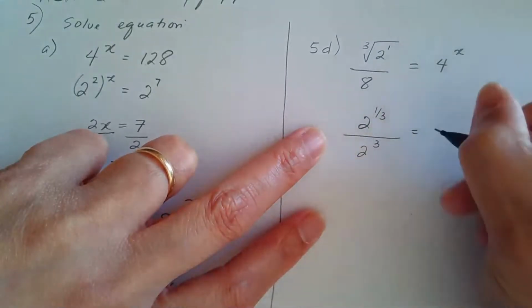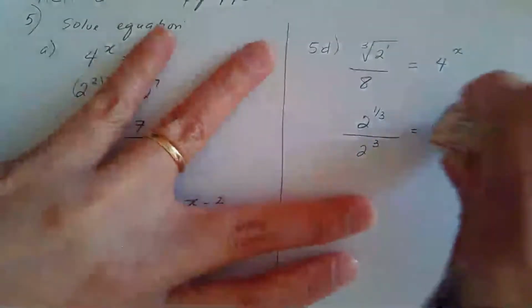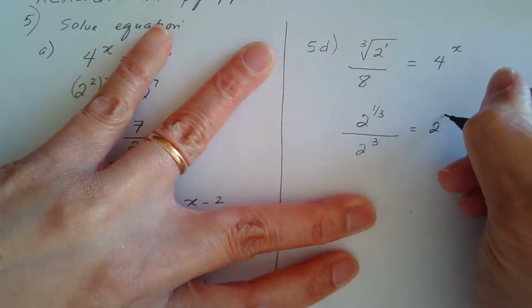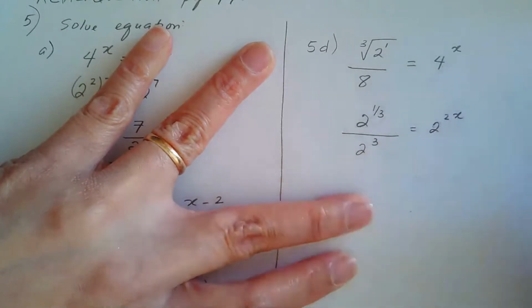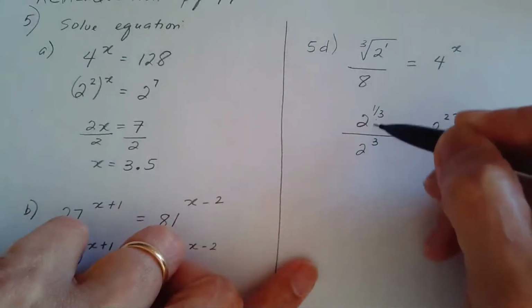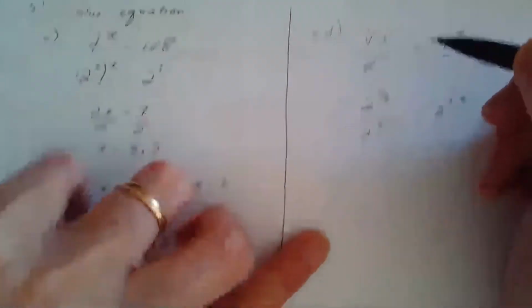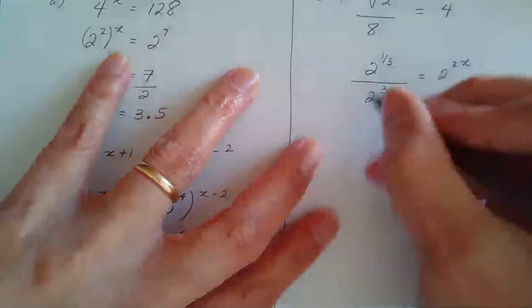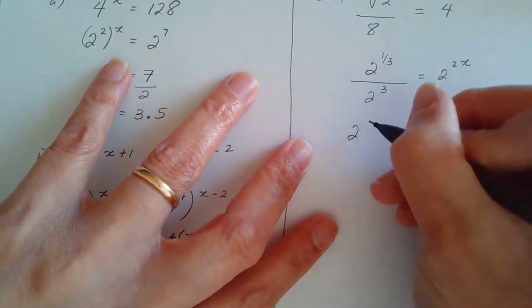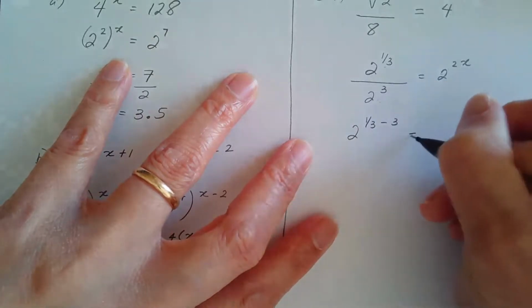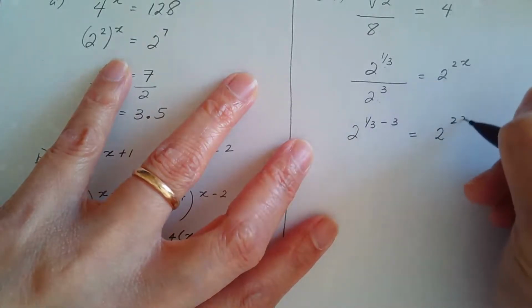And then 4 would be 2 squared, to the x. So what do we do when we have to divide powers with the same base? We subtract exponents. So this is going to be 2 to the 1/3 minus 3 equals 2 to the 2x.